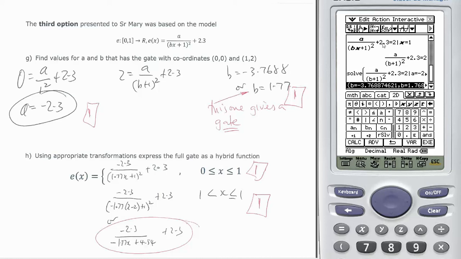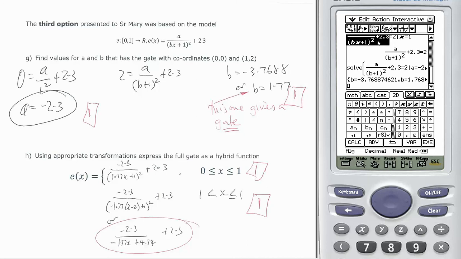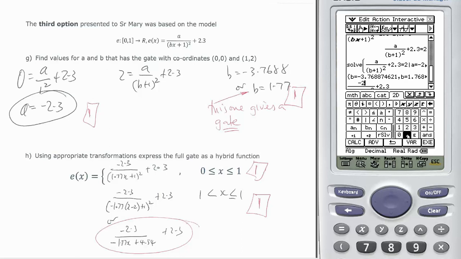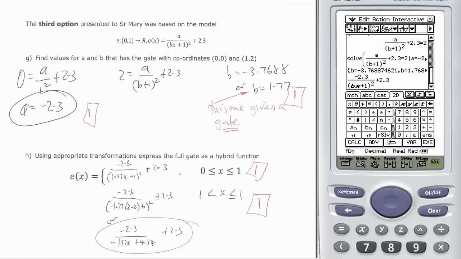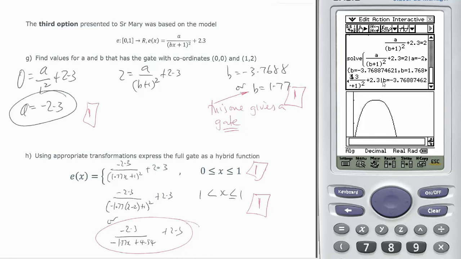So if I go up here and I take this answer and I copy it and I place it down here, I know that a equals negative 2.3, and I know that b either equals this, and if I open up my gate and I drag and drop this particular rule, it doesn't give me the gate in the right place.